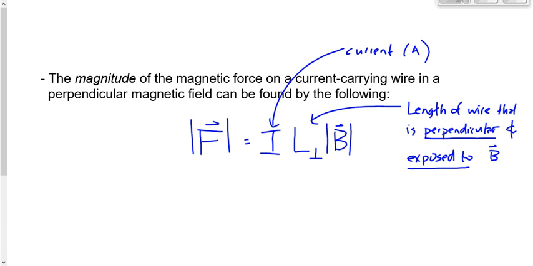So in other words, if you have a wire that's parallel, don't count it. If you have a wire that's perpendicular, count it if it's in the magnetic field.